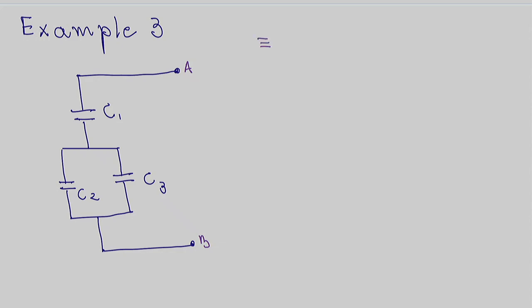What you're looking for is something that looks like this, where you have only one capacitor, your equivalent capacitor that is sitting between nodes A and B, right? First, you can find the equivalent capacitor between C2 and C3, right?